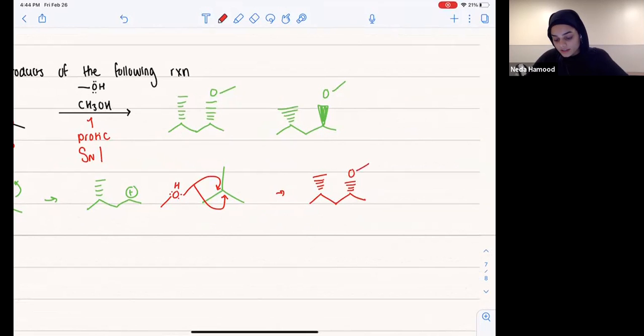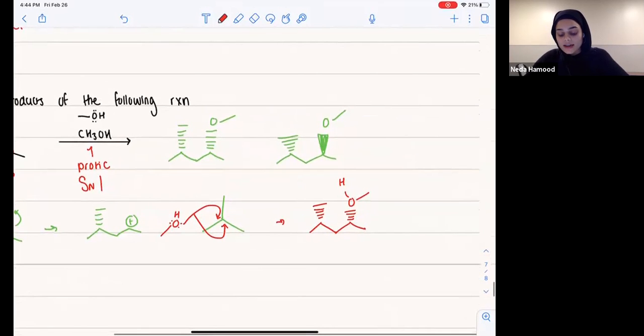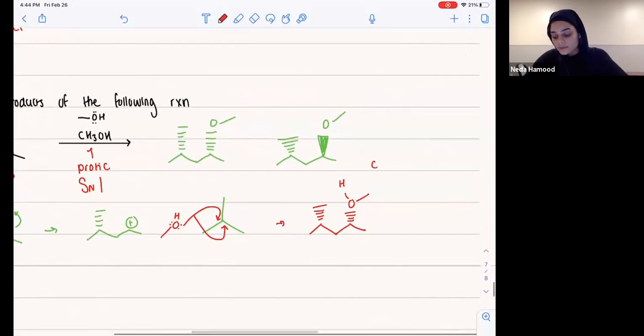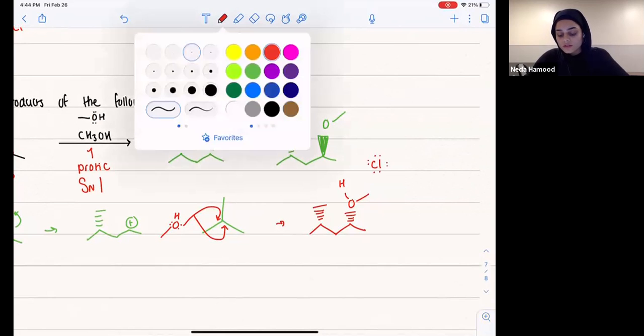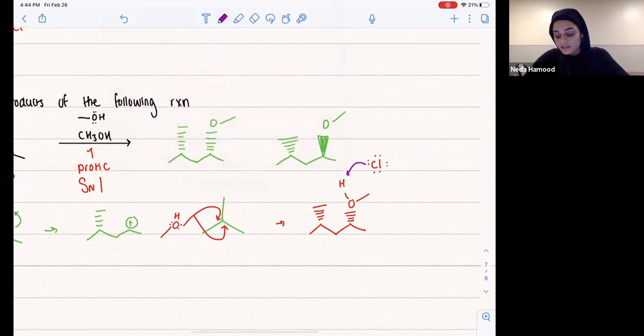And actually, we technically have the hydrogen like this, but what would happen is that our chlorine from earlier would come in, save the day, and take these electrons.